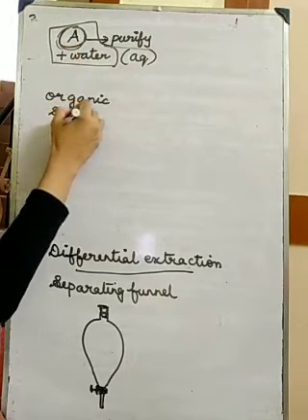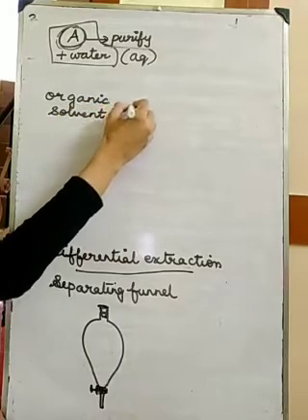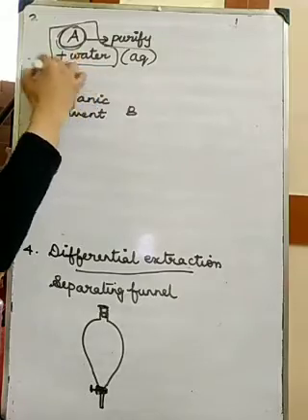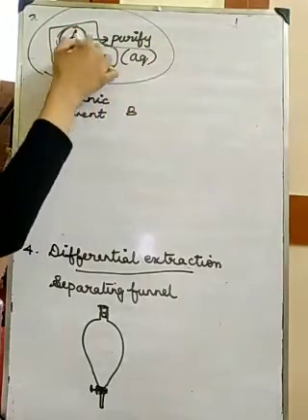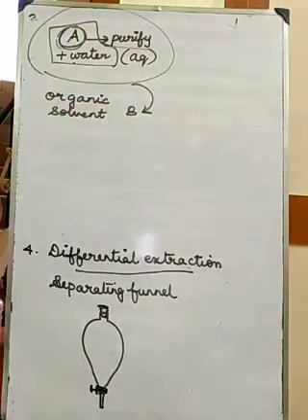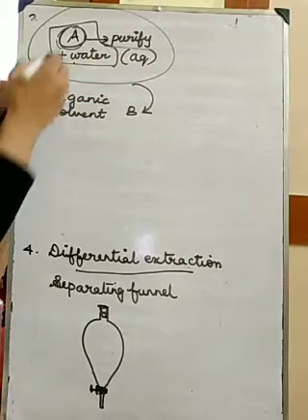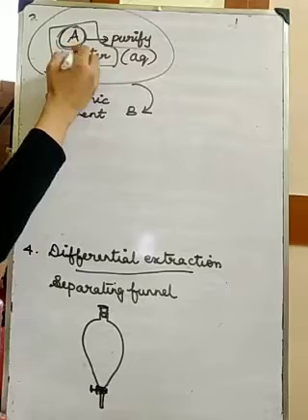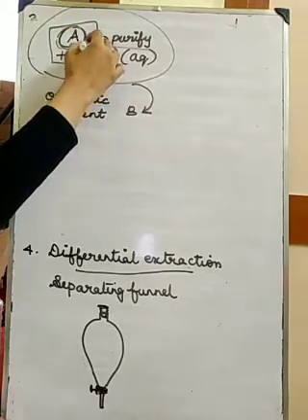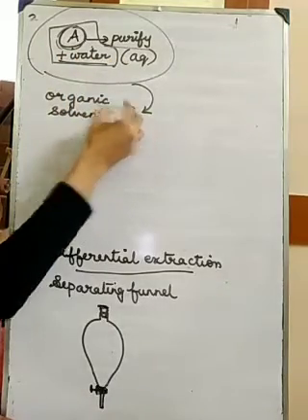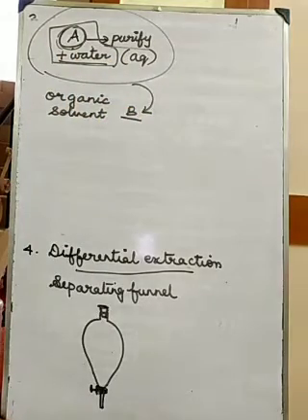You should use another organic solvent B, and you have to mix this solution with B. When you mix it with B, what will happen? The A will come out of water and it will mix with B. But you should take care that the water and B should not mix with each other.